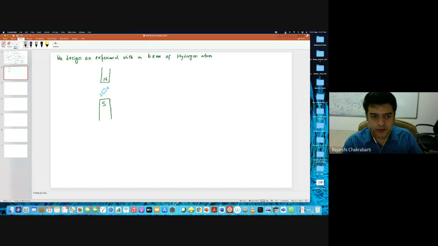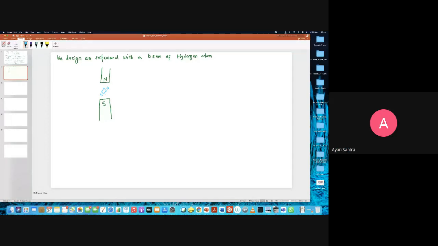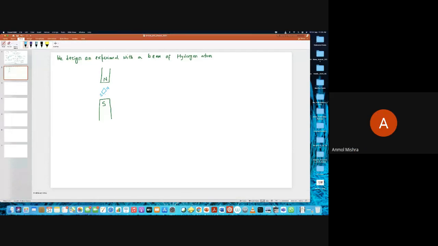Now, what do you expect? What will happen if this tiny magnet is passing through a magnetic field, as shown in the figure? Suggestions? It will align itself according to the magnetic field. It will try to align, but while trying to align, it will start doing some kind of motion. You remember that motion? It is called precessional motion, isn't it?